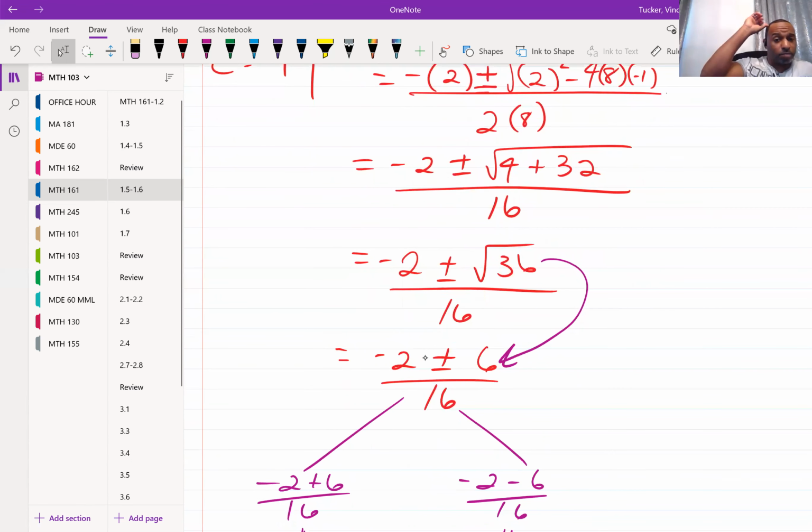So we go ahead and break it up as -2 plus 6 over 16, -2 minus 6 over 16.